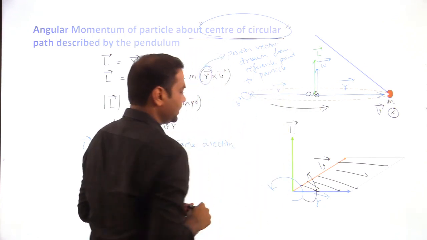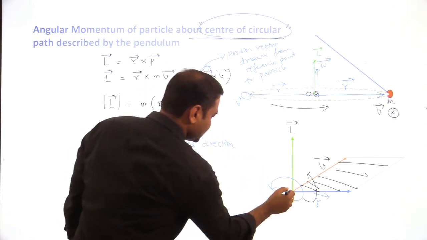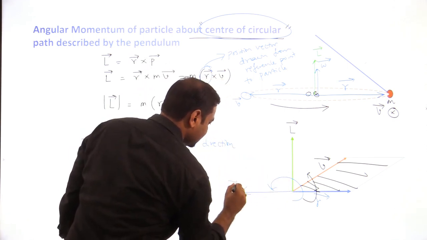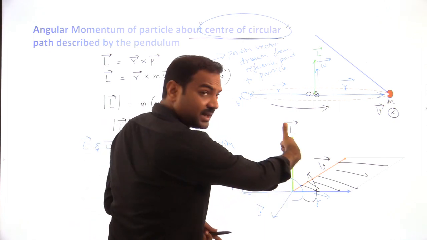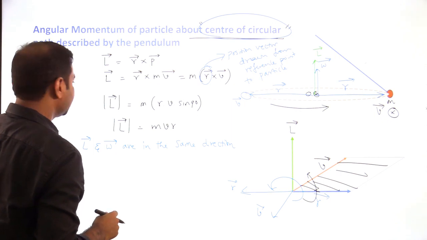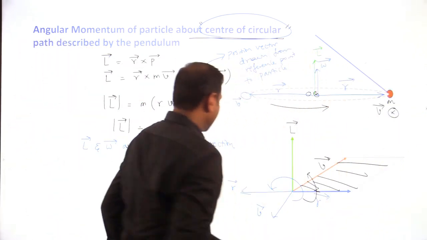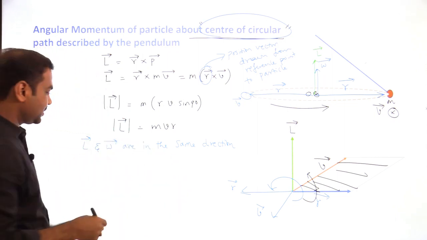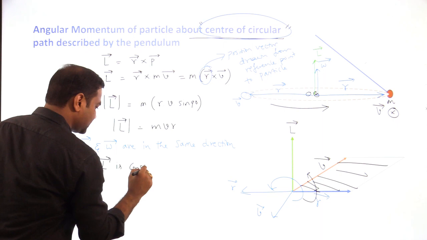Then r bar cross v bar just turns by 180 degrees. So r bar will be in this direction, and v bar will be out of the board. So r bar cross v bar is again in the upward direction. So what I can write down is that L bar and omega bar are in the same direction. At the same time, L bar is a constant vector.